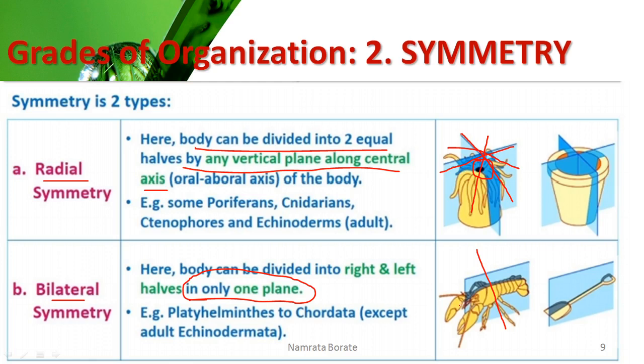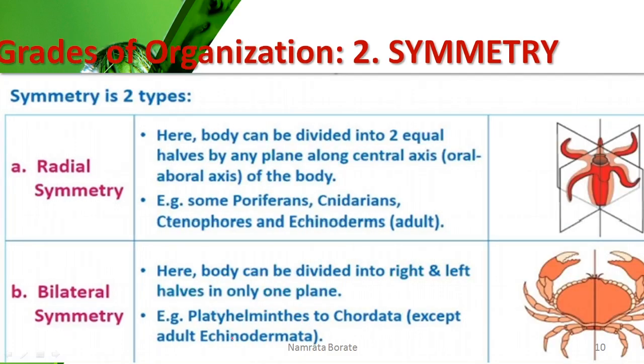But when it is cut in one plane of division, it always shows two equal sides, and these two equal halves contain the same parts. So it is called bilateral symmetry. It is observed in platyhelminthes to chordata, except adult echinoderms.